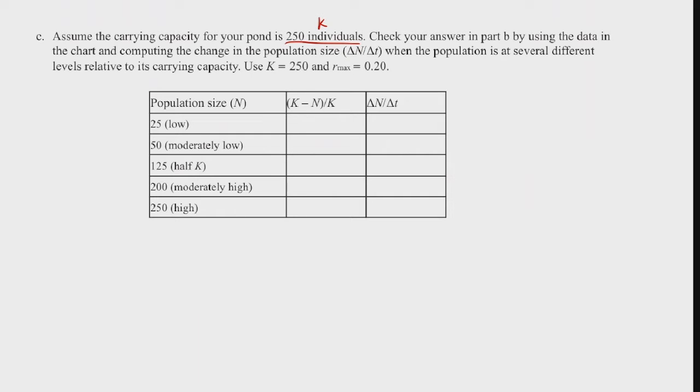So K minus N over K. The math for this is 250 minus 25 over 250 for this column, and that is equal to 0.1. Delta N.